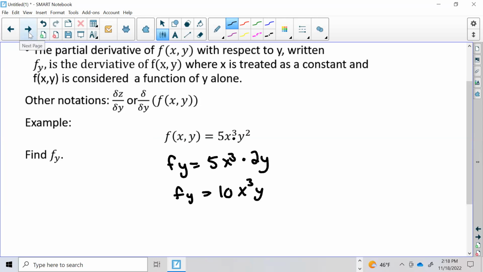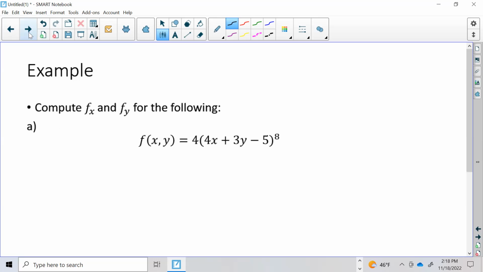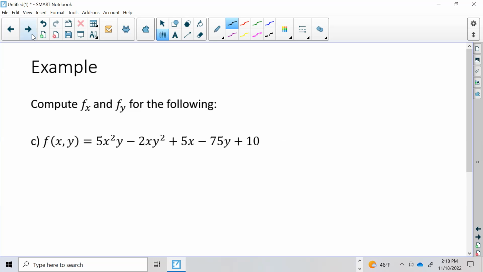So we're going to look at a few examples because depending how they write the function, we treat it differently. Before I do this one, I want to do this one here, and then we'll come back to those other ones. So we're going to find the partial with respect to x and the partial with respect to y for this function. So the partial with respect to x: x is my variable and y is considered a constant.